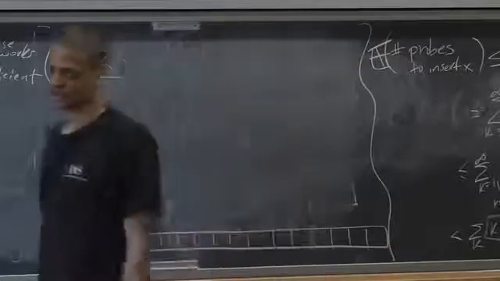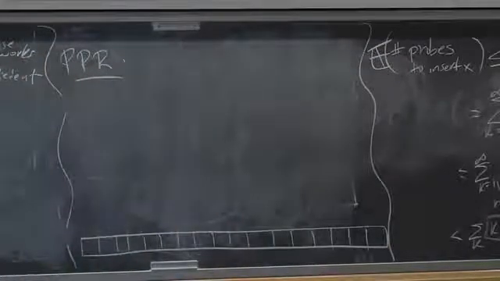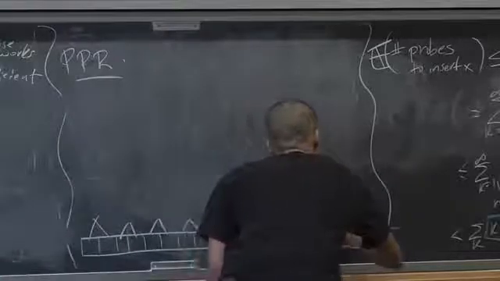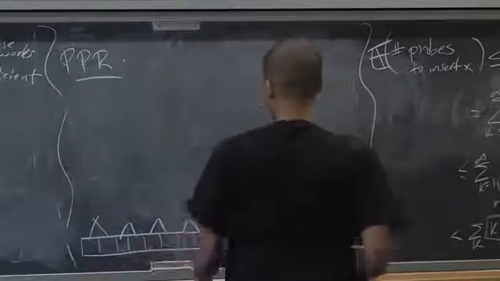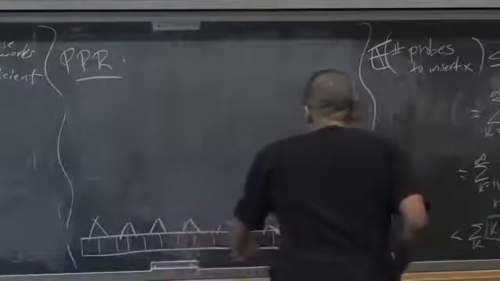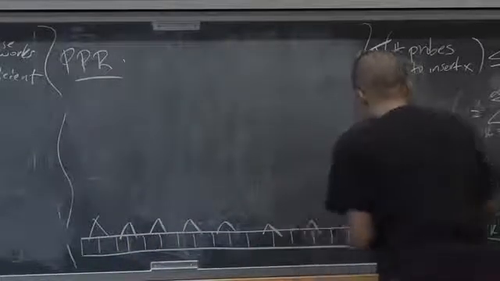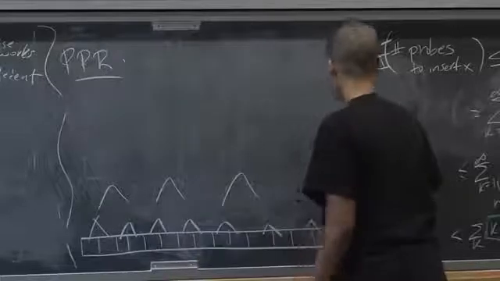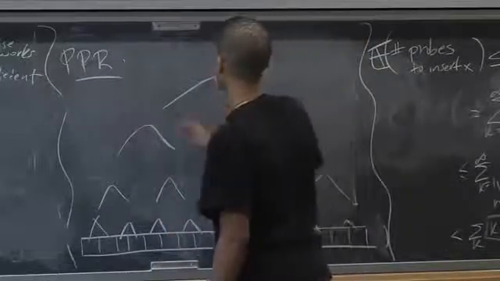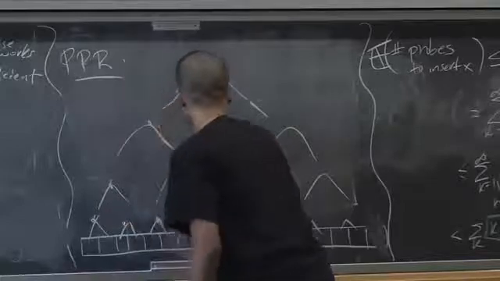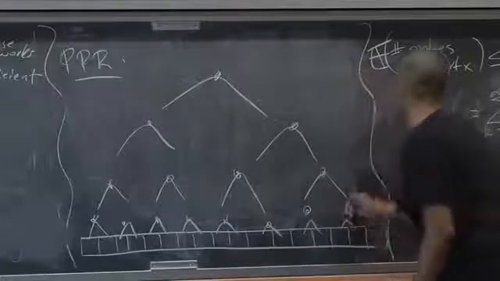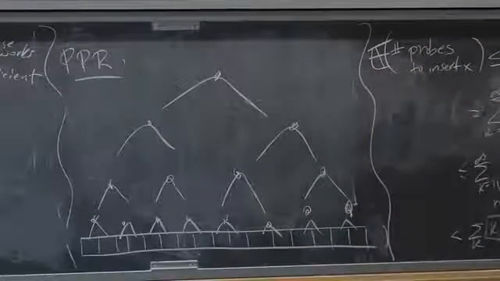We build a perfect binary tree over the locations in the array. Wow, that's not a power. What am I doing? 1, 2, 3, 4, 5, 6, 7, 8, 9, 10, 11, 12, 13, 14, 15, 16, 17. Oh, good. Okay. I practiced this in my office, and I was really fast, but now I'm getting slower. So we build a perfect binary tree over this array.